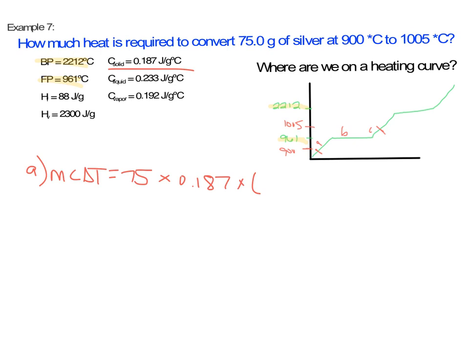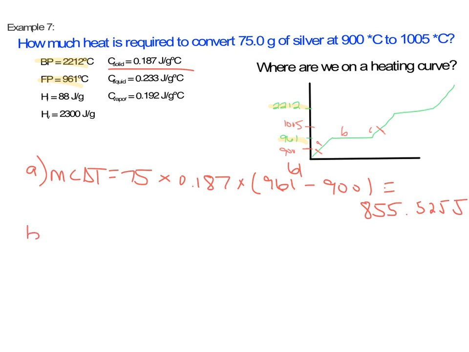We have 961. So for step A, the final would be 961 degrees Celsius minus the initial of 900. So it ends up being 61 degree change. Multiply those out, so 75 times 0.187 times 61 is going to give us 855.525 joules.